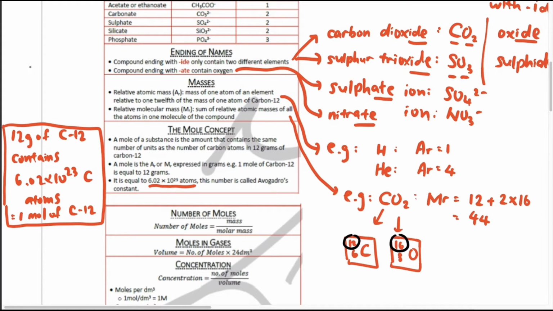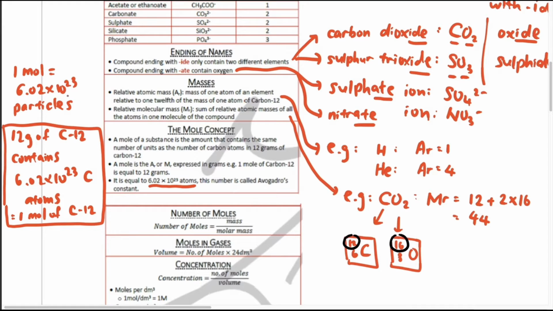So remember, 1 mole is 6.02 times 10 to the power of 23 particles. In general, I call it particles. The particles here can be atoms, ions, or molecules.